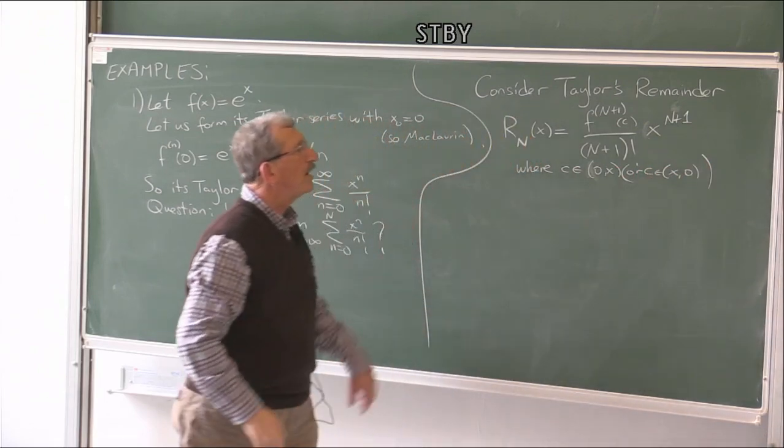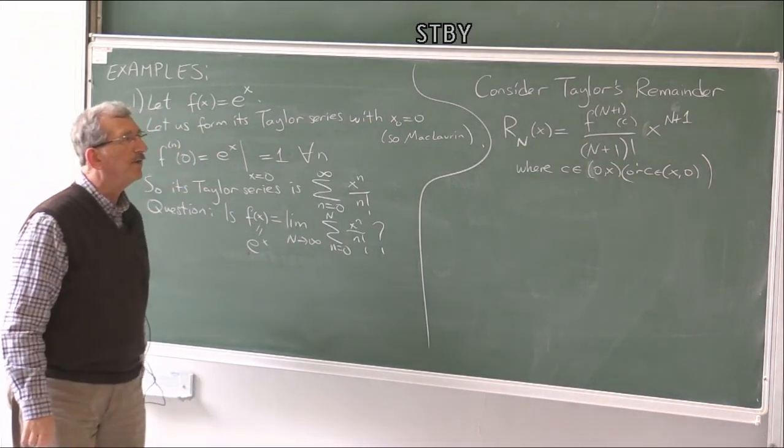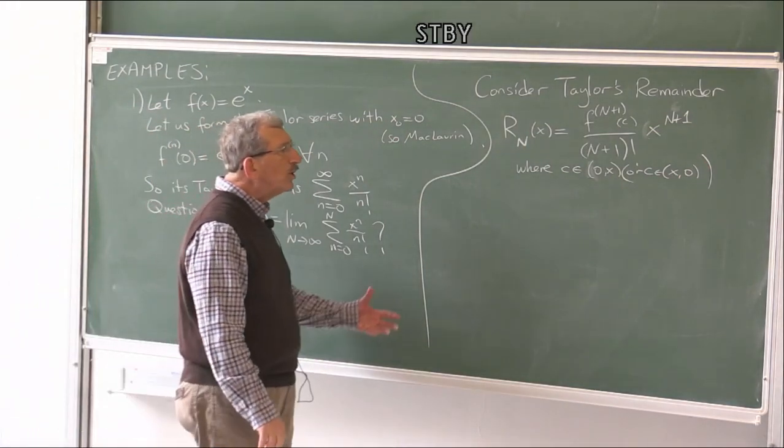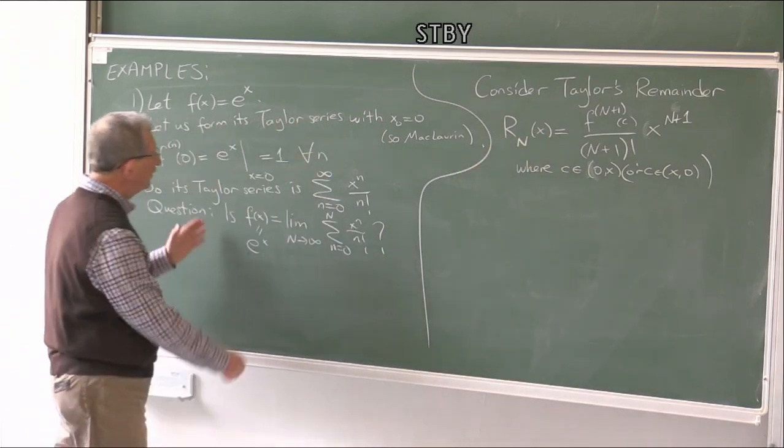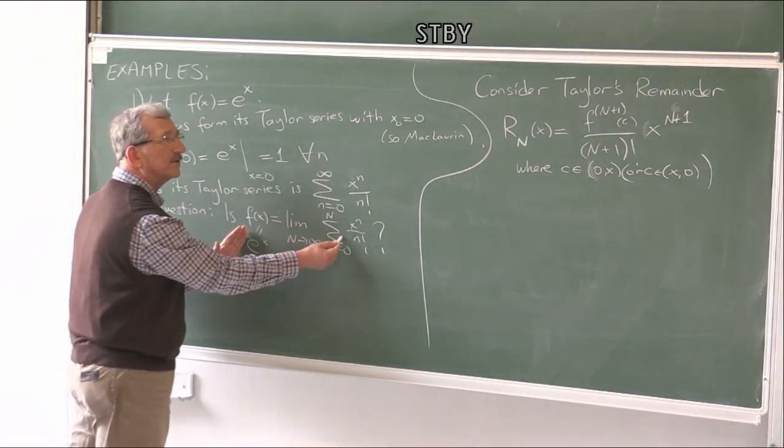Depending on whether x is positive or negative, we don't care about that. So the question is, does this go to 0? Because this is exactly the difference between e to the x and this.